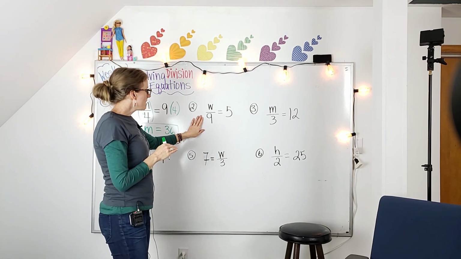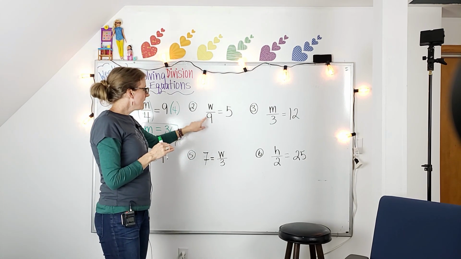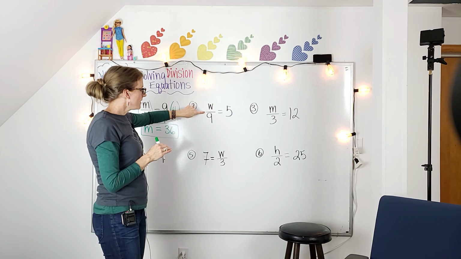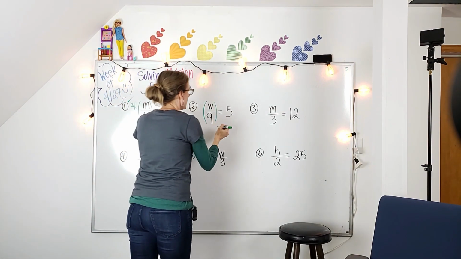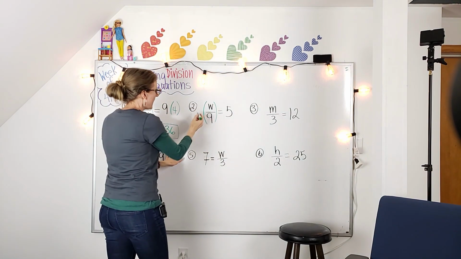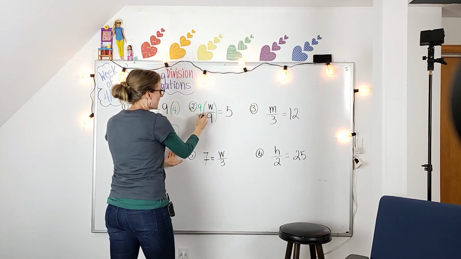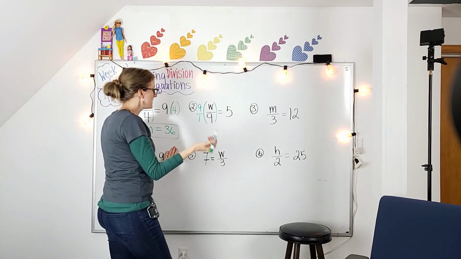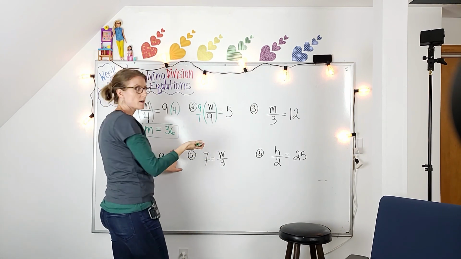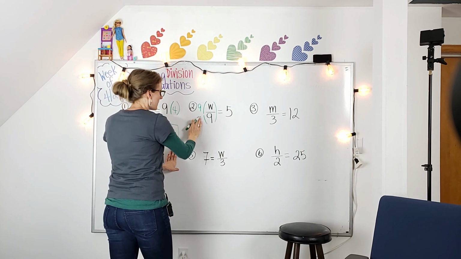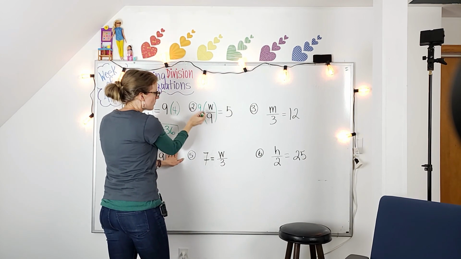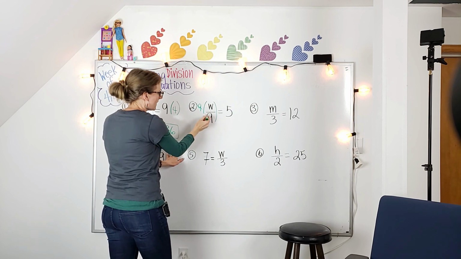On number 2, I want to get rid of the 9. I have to undo the division with multiplication. So I like to put parentheses around that and understand that I'm multiplying by 9 over 1, which is the same as 9. Okay, you can keep the 9 over 1 or just put 9, that's fine, as long as you have the 9 on the top, because the numerator and the denominator are the two that have to cancel.